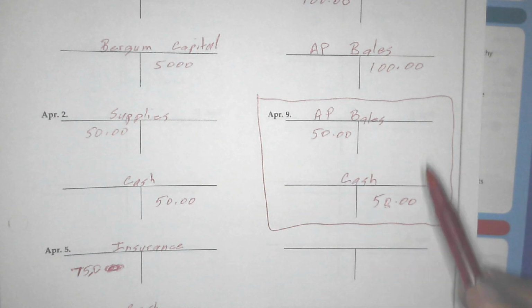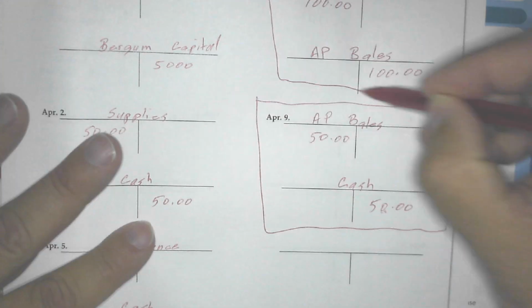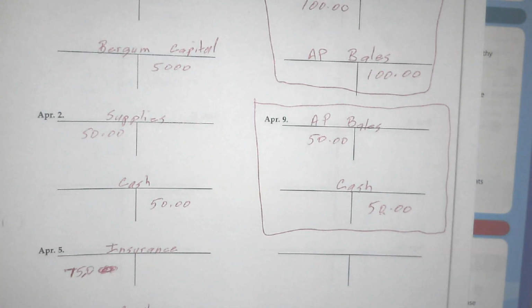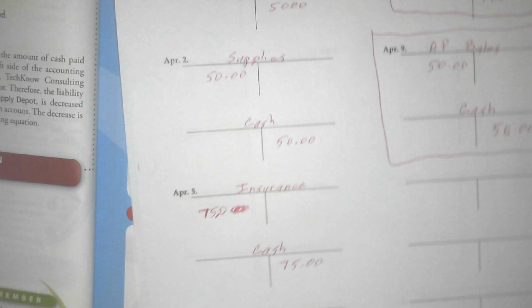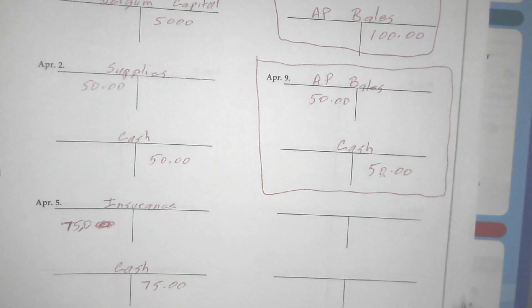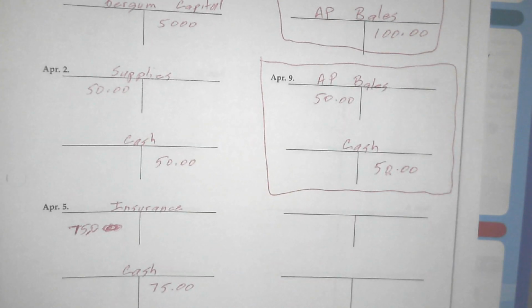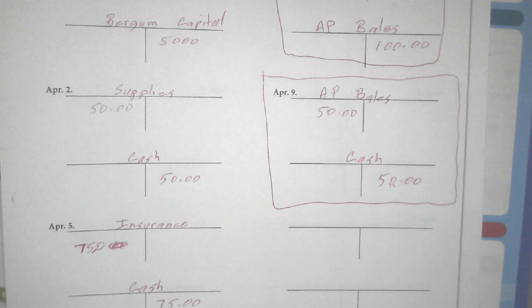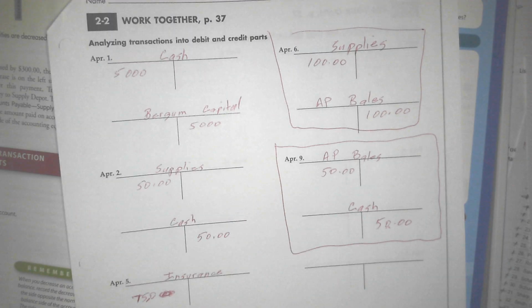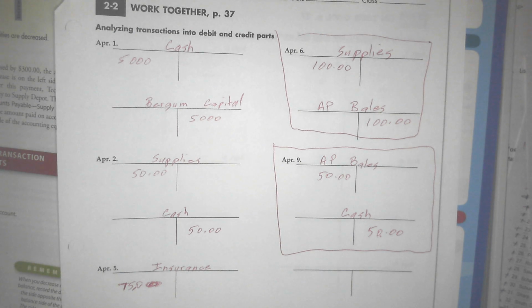So this way, or like on this one, they're all like that on this side. So there's the work together for section 2.